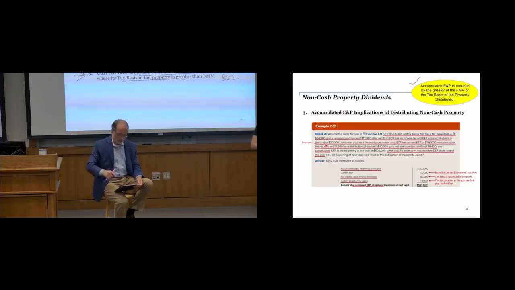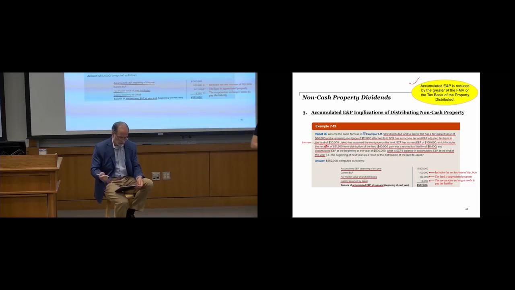So they just netted it to the 31.6. So if I have a gain of 40, I've got to pay tax of 8,400, which is 21%. And accumulated E&P at the beginning of the year of 500K. So we're seeing now what is SDR's balance in accumulated E&P at the end of the year as a result of distribution of the land.